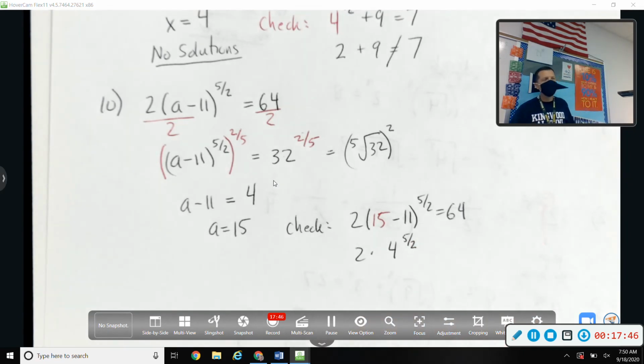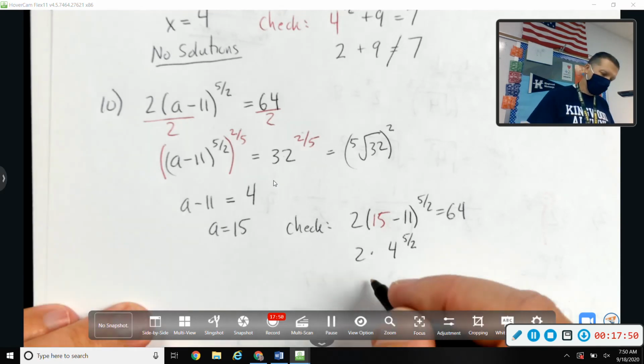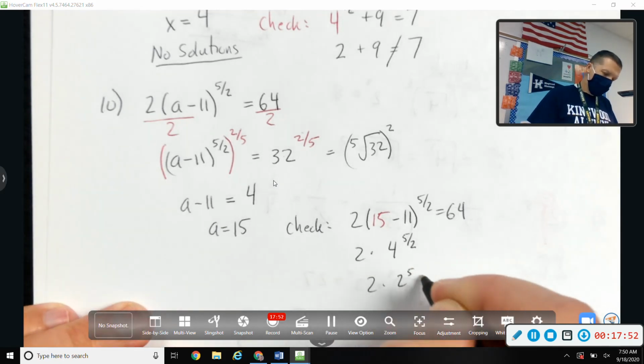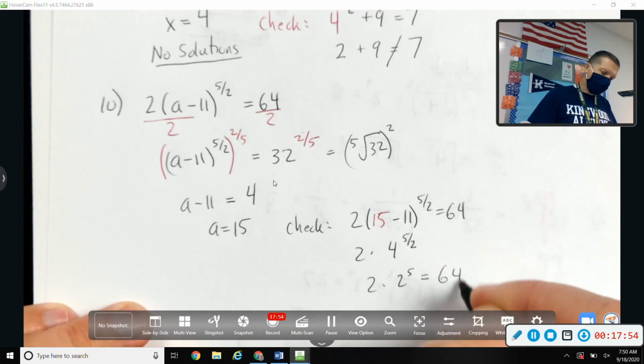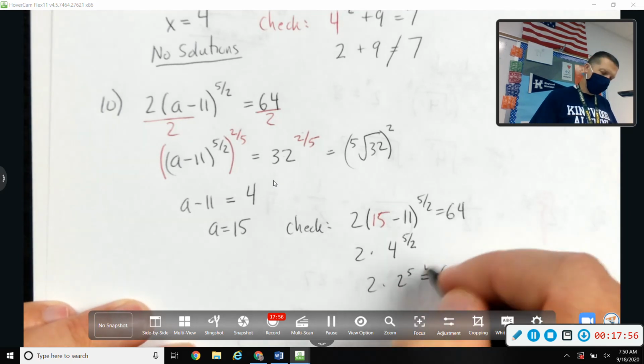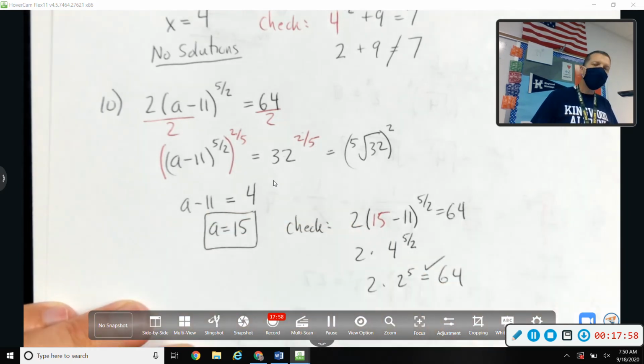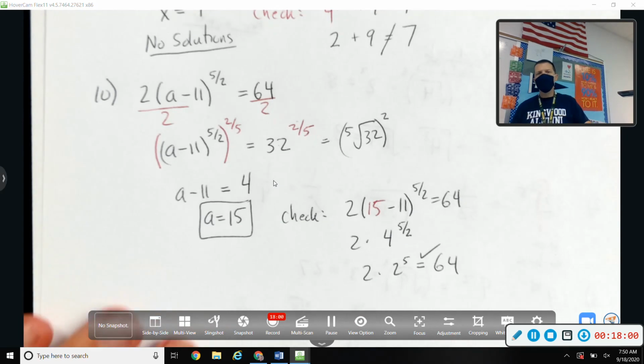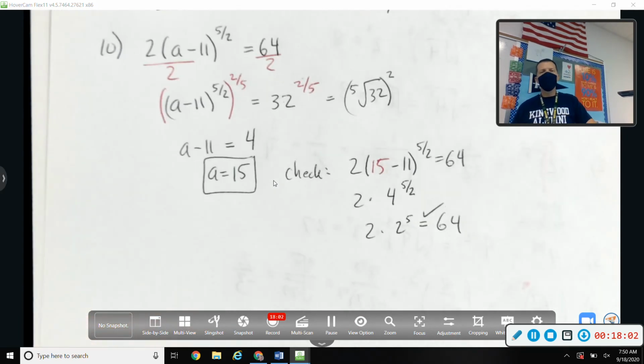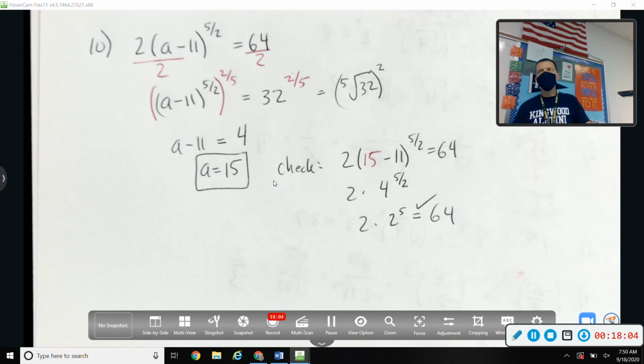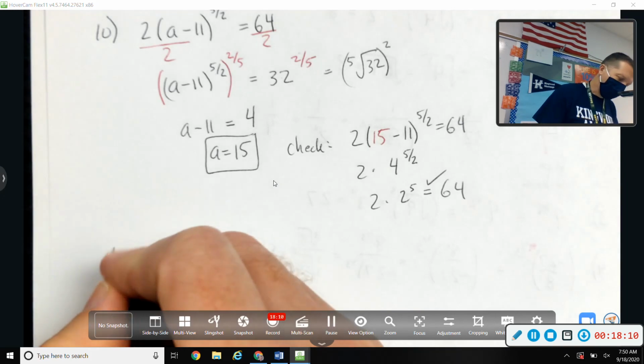Well, again, the bottom number is the root. So the square root of 4 is 2. 2 to the 5th is 32. Times 2 is 64. So it worked. Yeah, the best news on that is that on the test it reminds you to check. So as long as we remind you, then you check and see if it works or not.